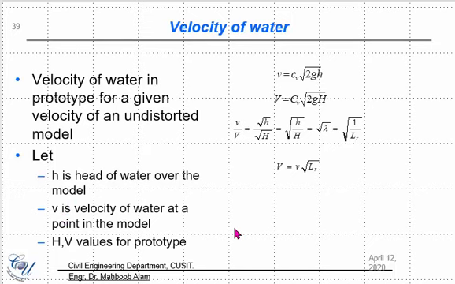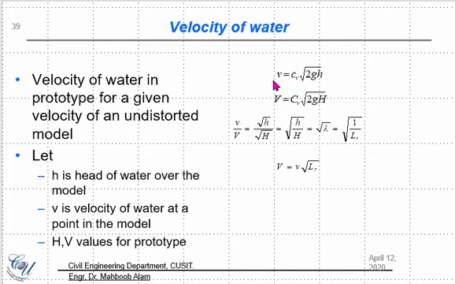Velocity would be the velocity of water. Small v represents the velocity of water or any fluid in the model, and capital V shows the same velocity in the prototype. Capital letters are always the values of the prototype, and smaller letters are the same thing in the model.